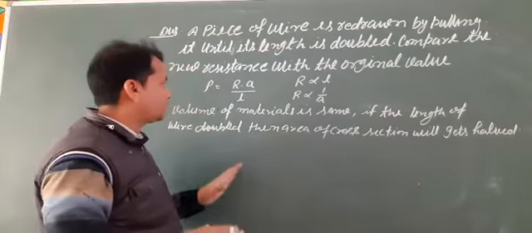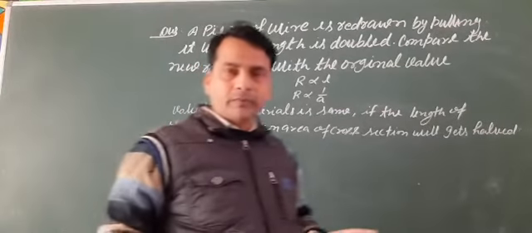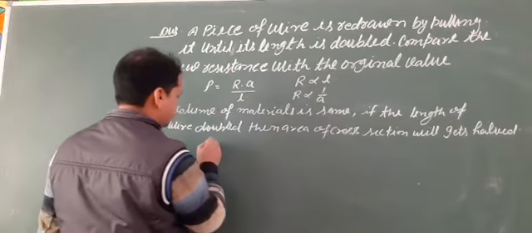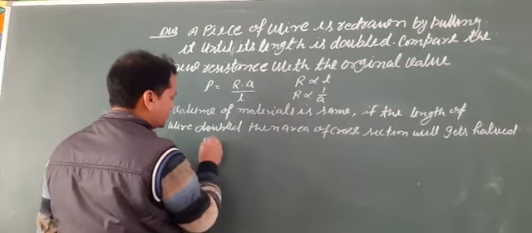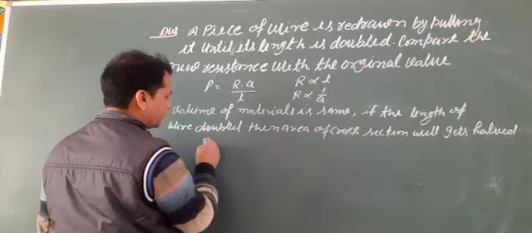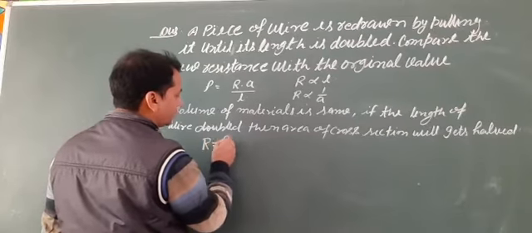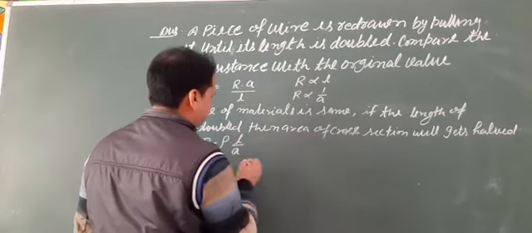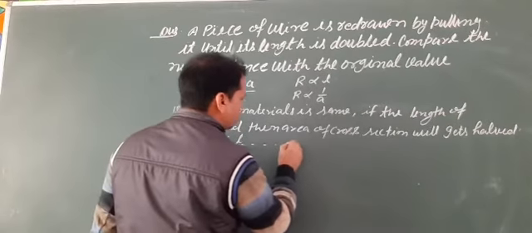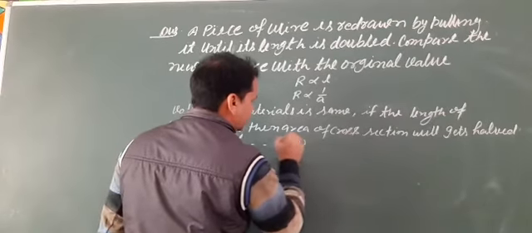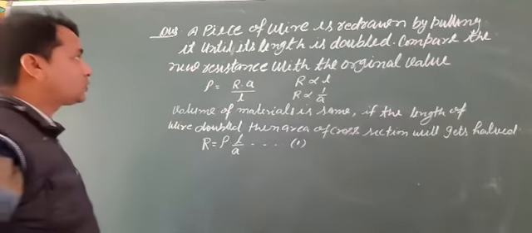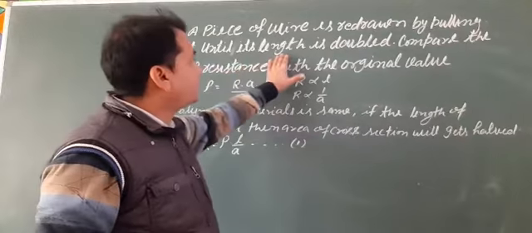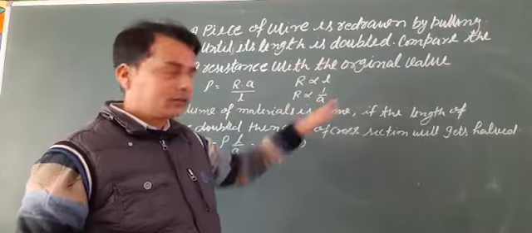According to resistivity, R is the resistance of wire. The formula of resistance in terms of resistivity is R equals ρ into L by A. Suppose that is the first equation. Now according to this question, the length of wire is doubled.